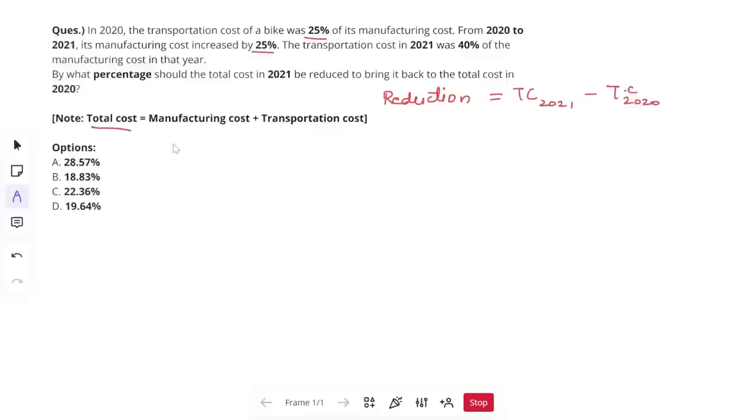So let's start with the total cost in 2020. Total cost in 2020 will be equal to what?